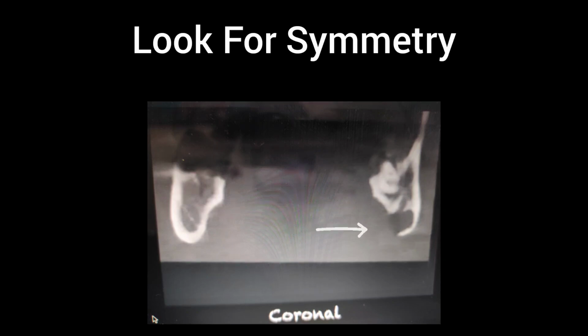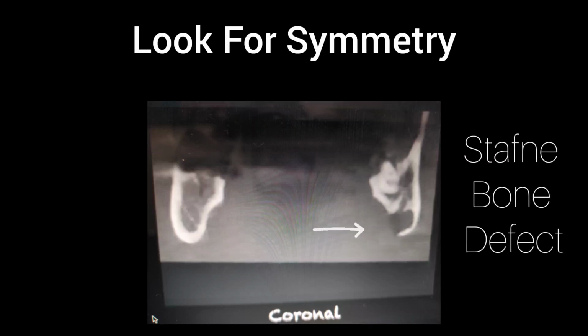Now we are looking at the same case in the coronal view, and we can see there is something on the patient's left side and not on the right side. This is a depression in the region of the submandibular gland, and this is also known as Stafne bone defect.